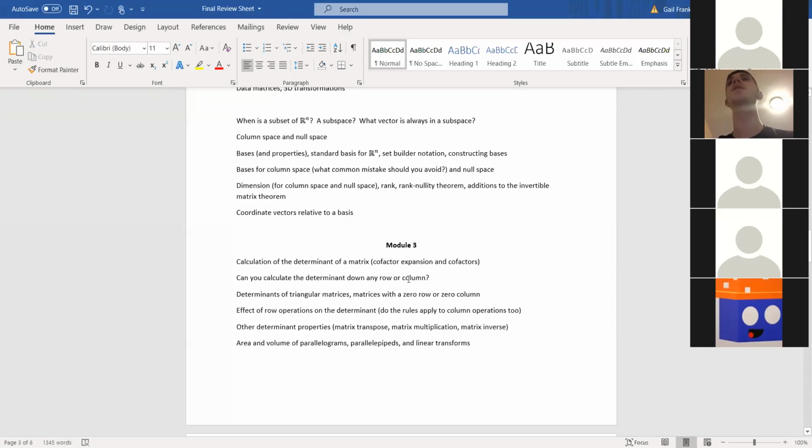I have a quick question. For a 3x3 matrix, there was something in the modules about a diagonal method, and I didn't understand what that was. Can you go over that real quick? It's for finding the determinant of a 3x3 matrix.